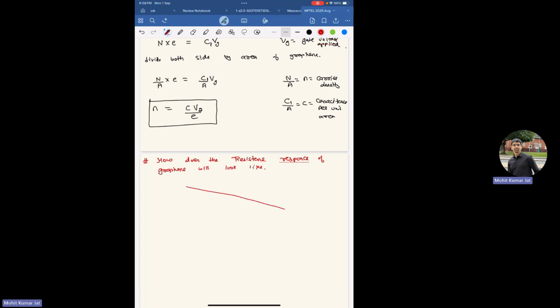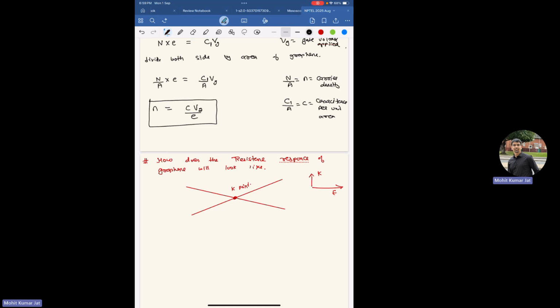So if I just draw it, it will be like this. Let me call this axis E and this axis K. And this is my K point, the point at which the band touches.